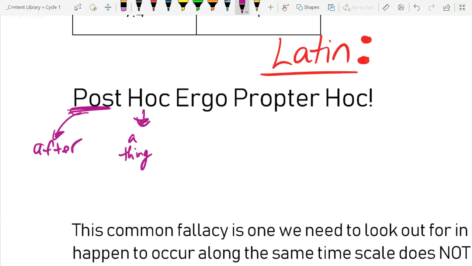So what's ergo mean? This is something that pretentious people say. Based on the last thing. In other words, because of. Actually, I want to change that one.